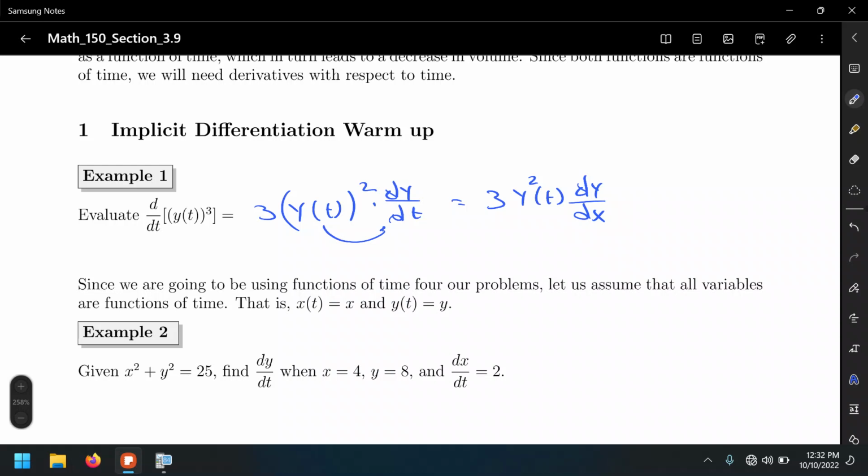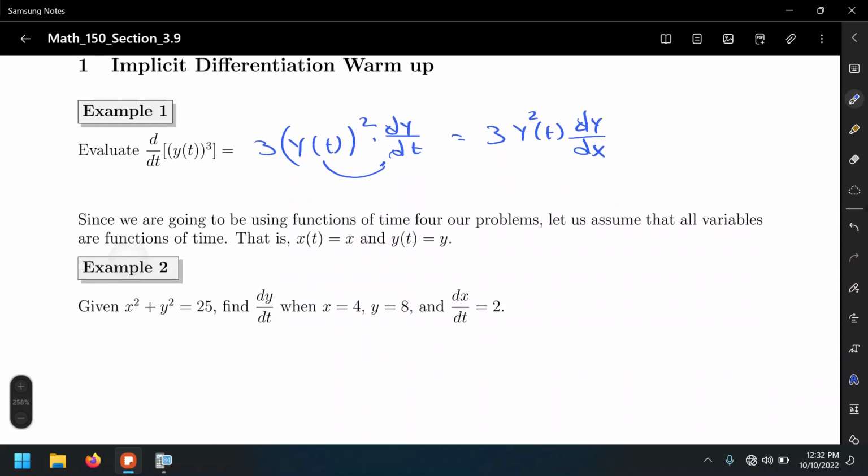Let's do an example in which we're going to do the whole thing. So this time we have a function with variables x and y, and even if we had a third variable, z or w, u and v, many variables, all these variables vary with time. You can think of this third variable coming into play here.